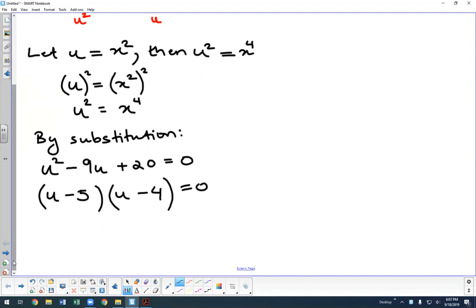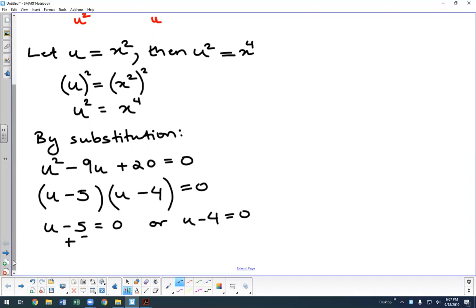Then what did we do when we were solving quadratic equations? How would I go about solving this? Yeah, set them equal to 0. So u minus 5 equals 0, or u minus 4 equals 0.